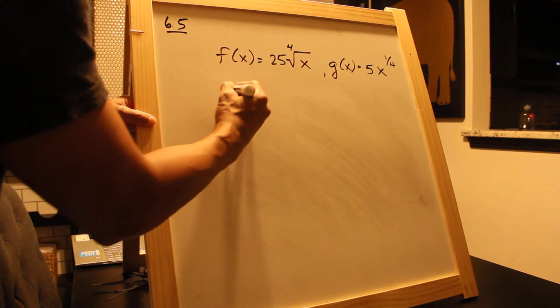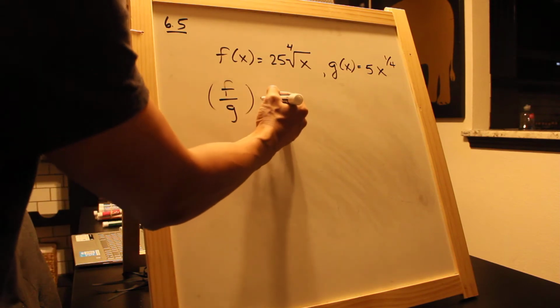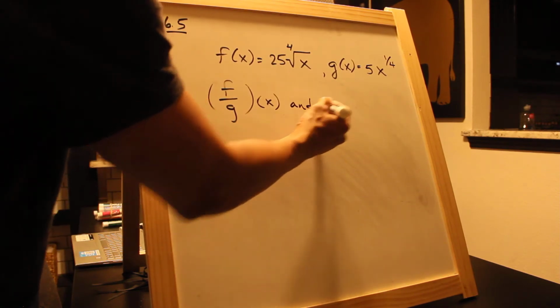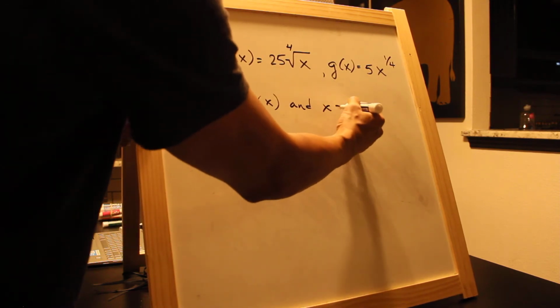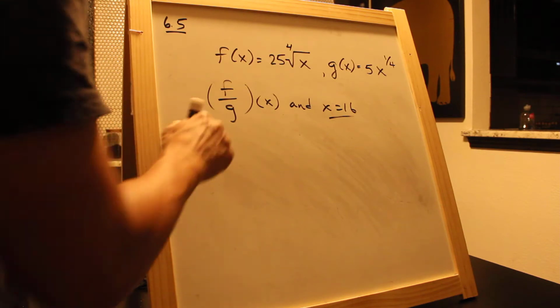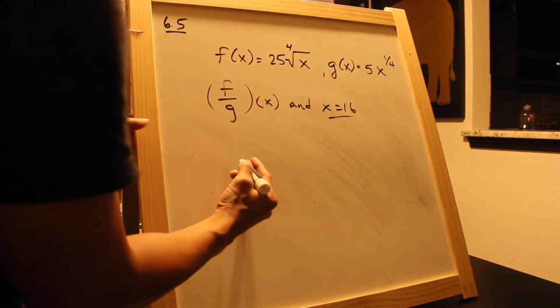So let's say I want to do f divided by g of x, and again x equals 16, just to make that a little bit easier. So f divided by g, I'm going to take this function and divide it by that function.